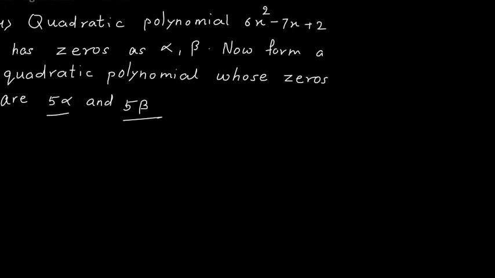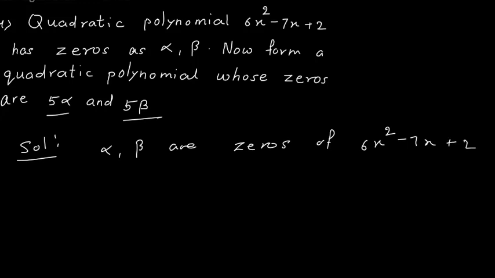Now here in solution, alpha and beta are the zeros of 6x square minus 7x plus 2. Therefore alpha plus beta is equals to 7 upon 6 and alpha into beta is equals to 2 upon 6 is equals to 1 upon 3.